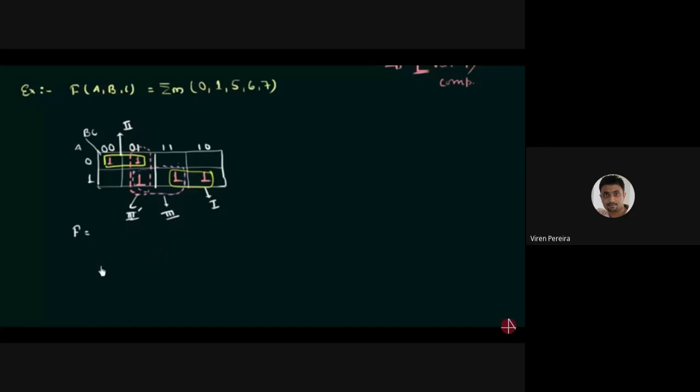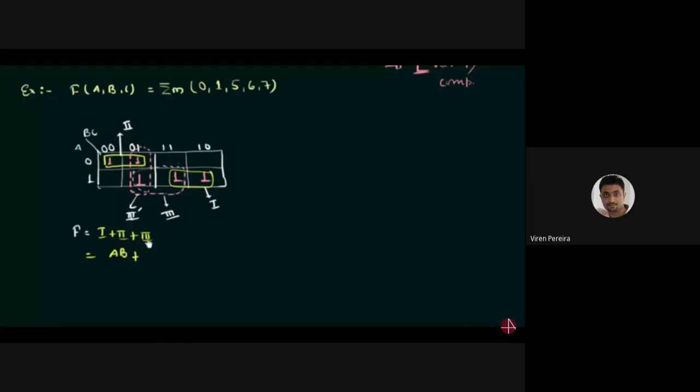For case 1 we have 1 plus 2 plus 3. So 1 is what? A and B, A and B.